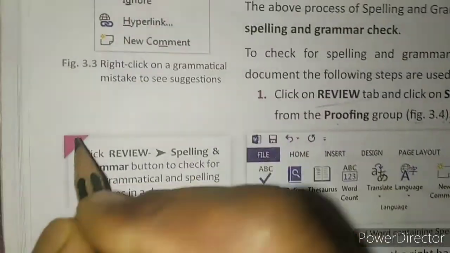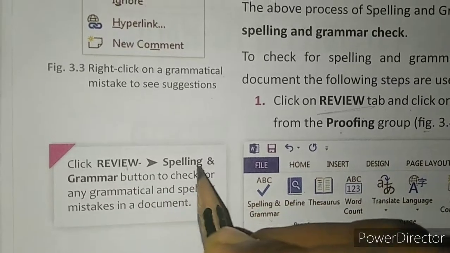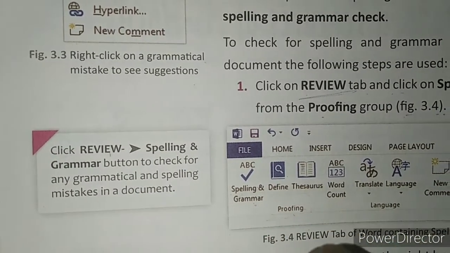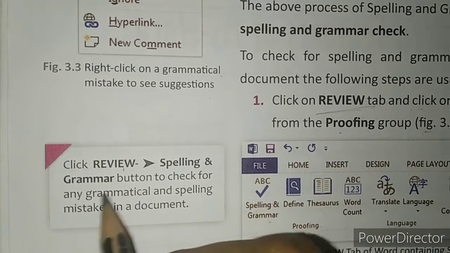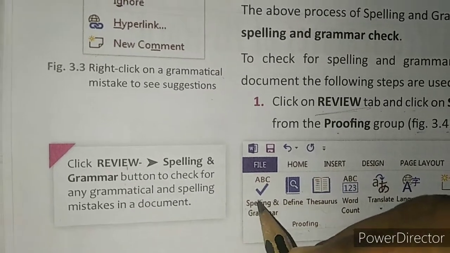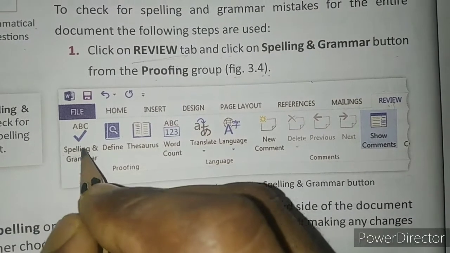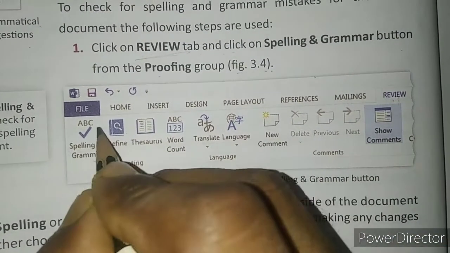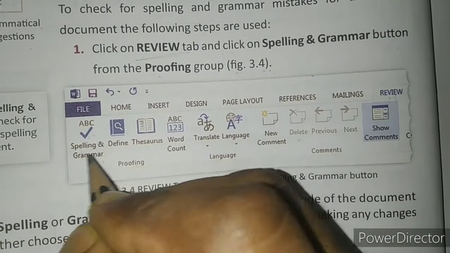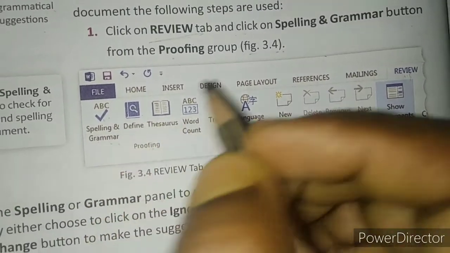Suppose what will you do? Click on Review, and in Proofing, Spelling and Grammar, right? It means first of all click on Review, and then in the Proofing group, click on Spelling and Grammar.